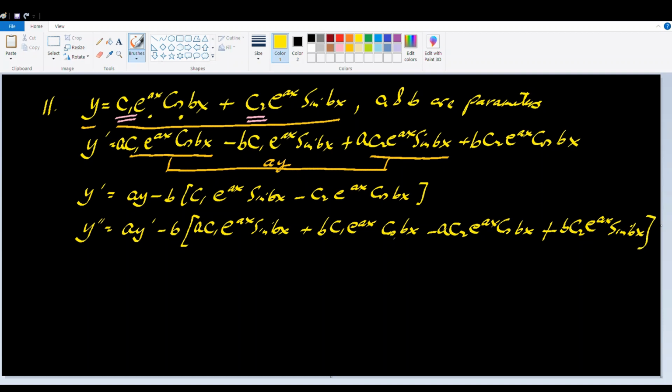So, what do we have now? bc1 e to the ax sine bx. Do you see this? bc1 e to the ax sine bx, and then c2 e to the ax cosine bx.